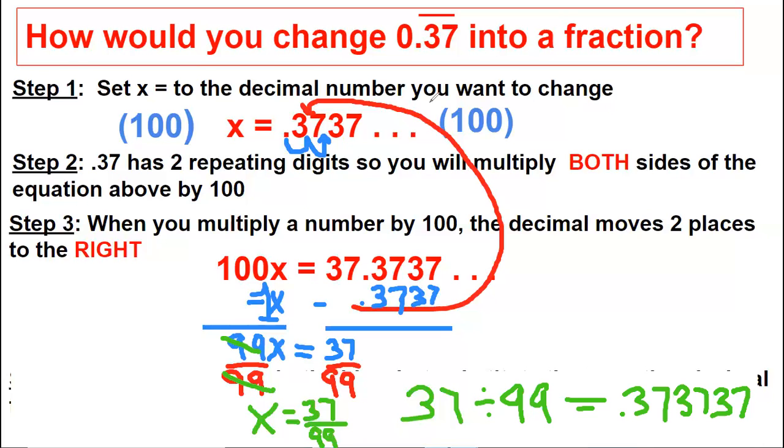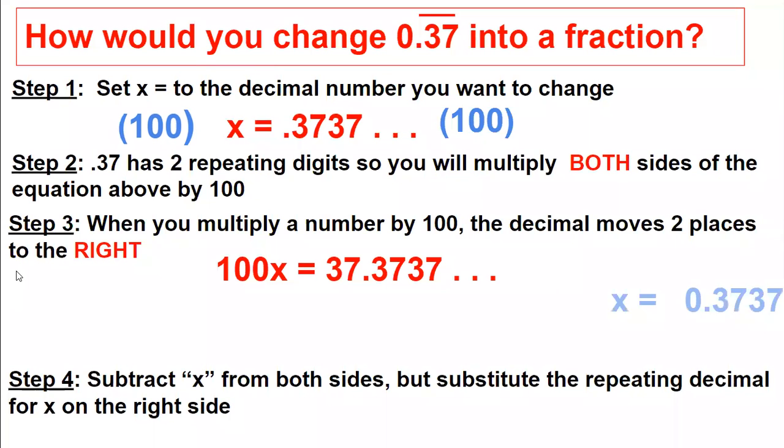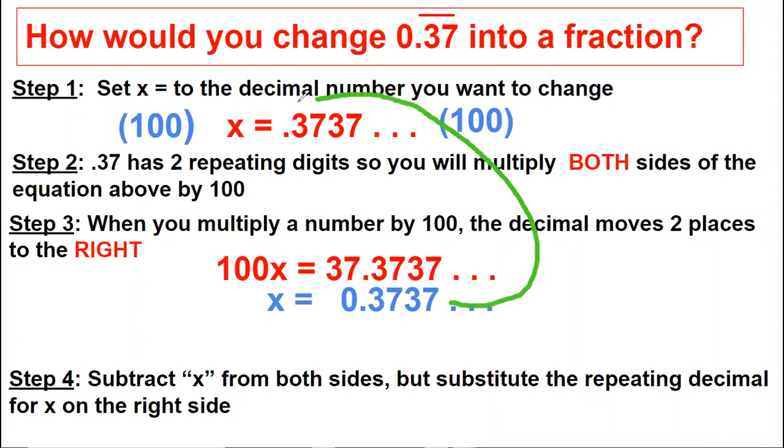I'm going to clear my drawings because I actually did this for you with the computer. So let's see, done again. So we're going to subtract both sides by x. Remember, we are substituting in 0.3737 for the x right here. Okay.